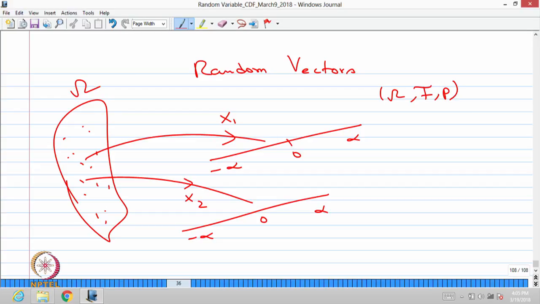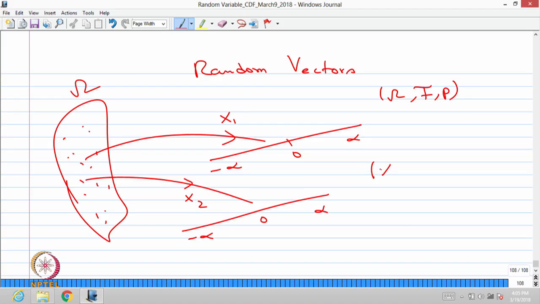Now we are going to create a random vector by taking a few random variables together or jointly. If you take x1 comma x2 together, this is called a two-dimensional random variable, or a random vector of size 2, x1 and x2.